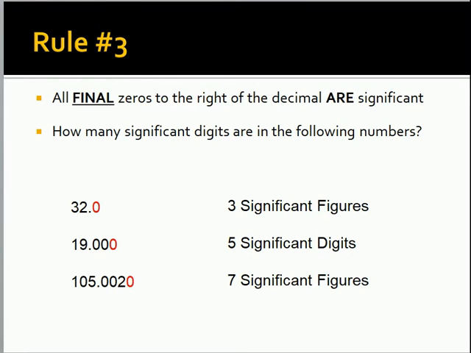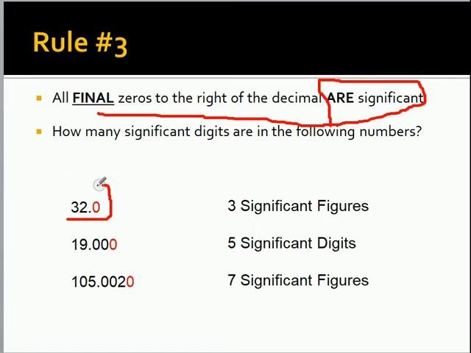Rule 3. All final zeros to the right of the decimal are significant. So if you have a 0 at the right, they are significant. So 32.0 is not the same as 32 when you count significant figures. 19.000 is also significant. Now you may say, hey, you had 800 and there you said that this is one digit, then why are you counting these 3 zeros?